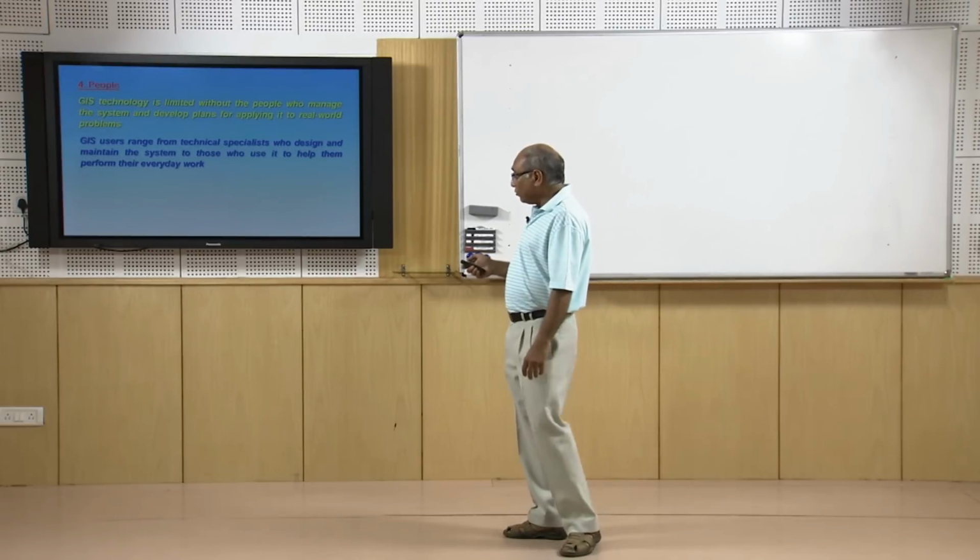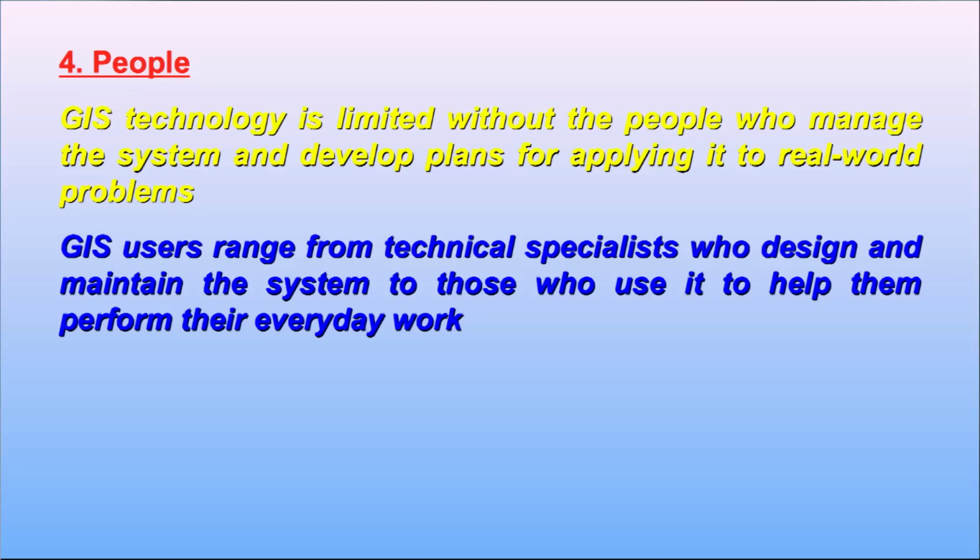GIS users also range from technical specialists who design or write code and develop the software further, to those who keep asking the GIS expert whether you can do this thing.